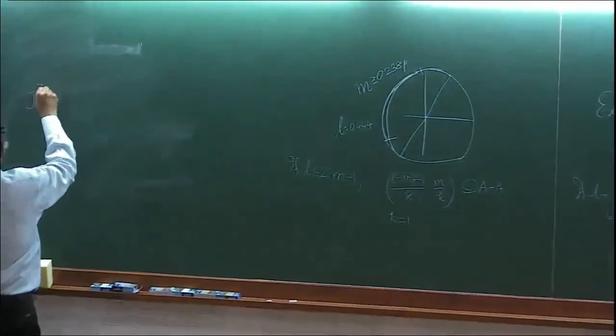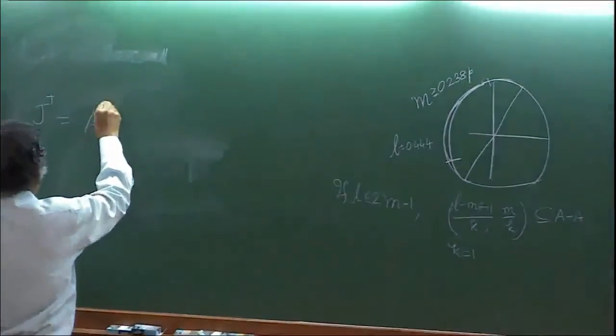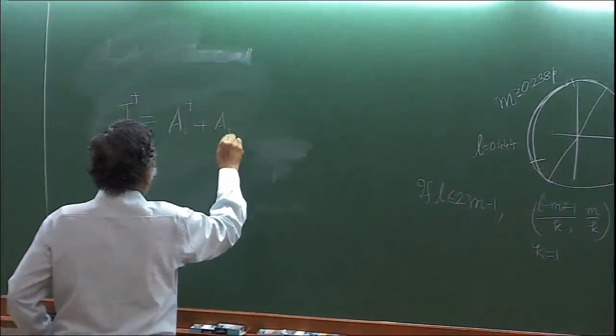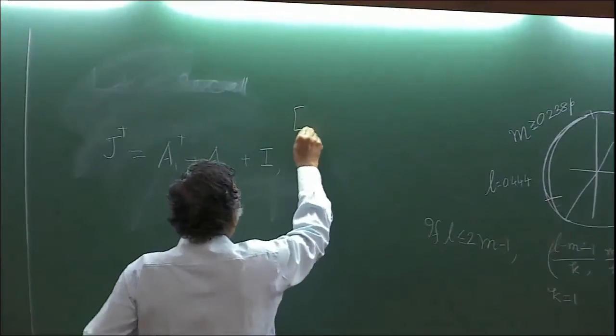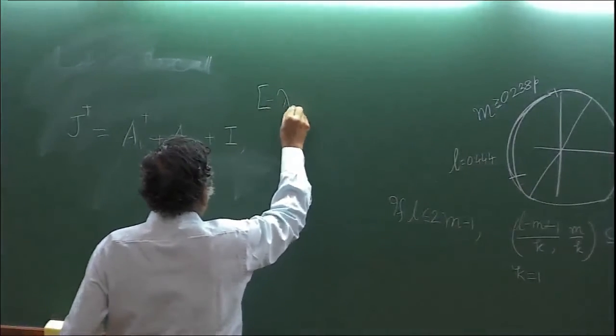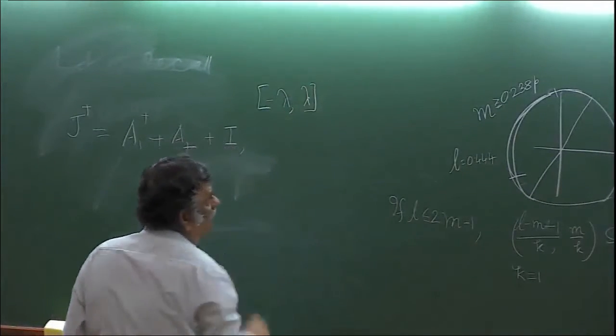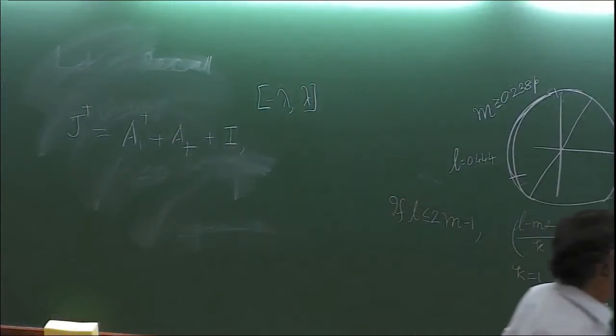Let J plus be equal to A1 plus A1 plus an interval I, where I is minus lambda to plus lambda, where lambda has been defined here.